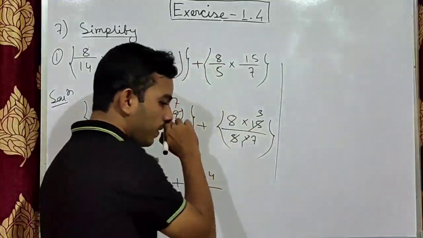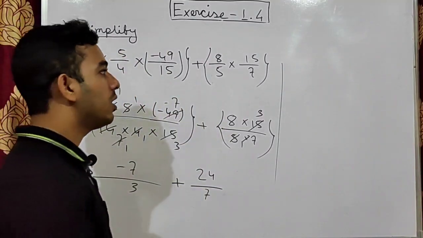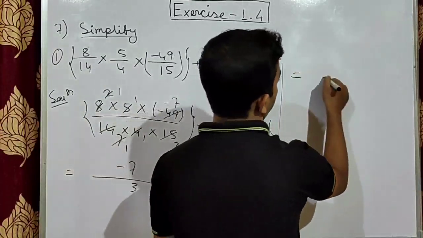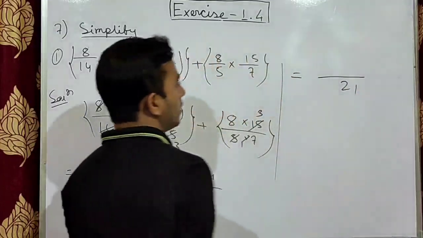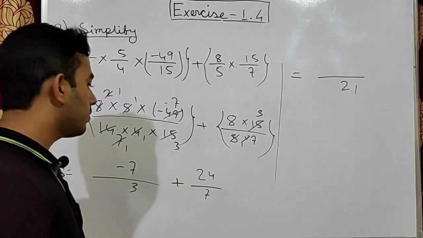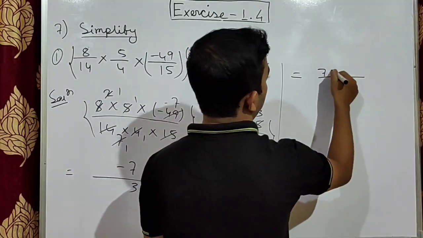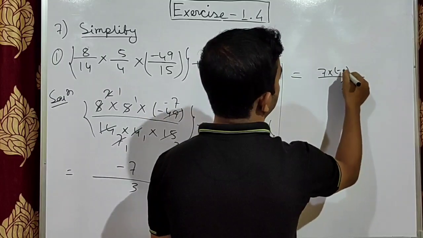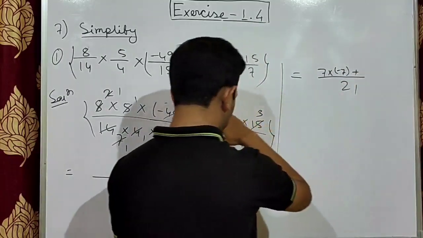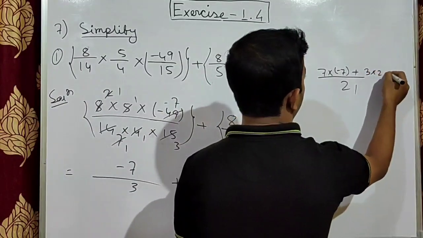Now 7 and 3, their lowest common multiple is what? 21. 21 is divisible by both the numbers, so we'll take 21. Okay. Now 21 divided by 3 is how much? 7. 7 into 7 is what? 49. 7 into minus 7. After this clear, then plus, then 3 into 24.